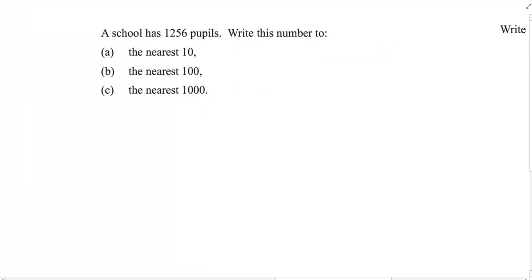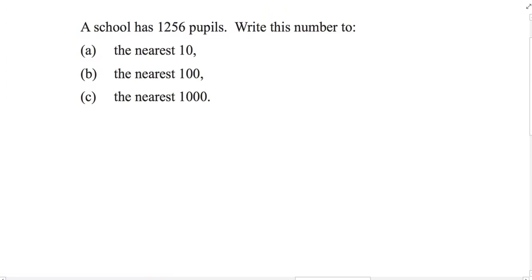So let's go back to another one of these rounding questions. We've got 1,256, and we're going to write this to the nearest 10, 100, and 1,000. Again, let's do this quicker. If we're rounding to the nearest 10, that critical value is the 6. That's telling us to round up, and our answer is 1,260. In part B, we're looking to round to the nearest 100. The critical value that helps us decide is that 5.